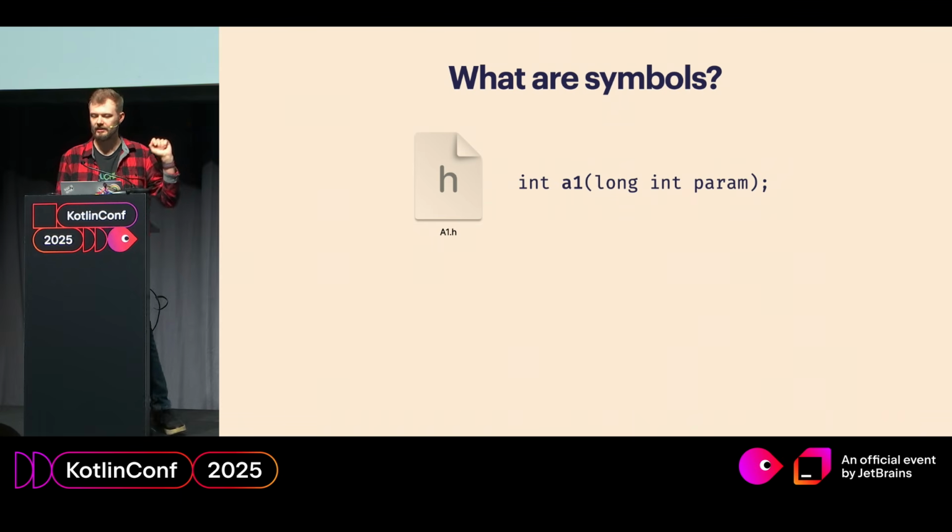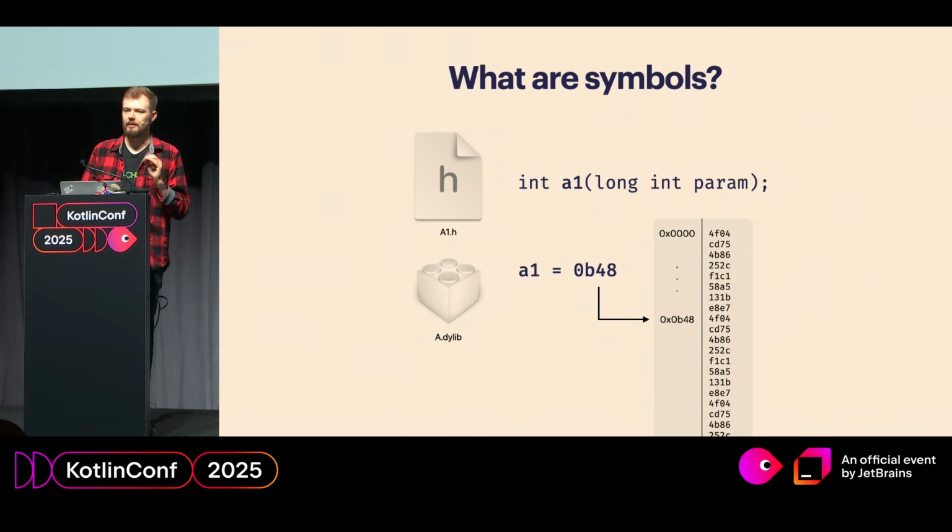So A1 here, that's our symbol name in the header. And then in the binary, there's a symbol table, which means we have, on one hand, the names of the symbols, and on another hand, where they are in the binary. And that's basically it. So here, in this randomly generated example that means absolutely nothing, we basically have A1 has some address, and that address is somewhere in the binary.